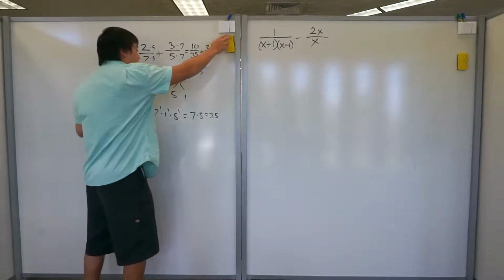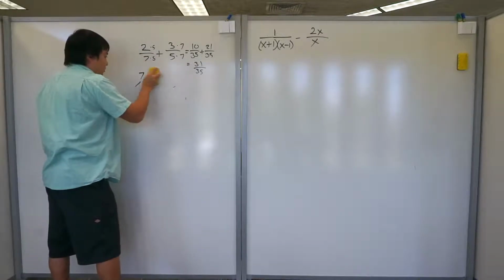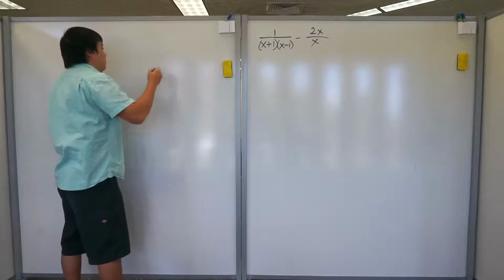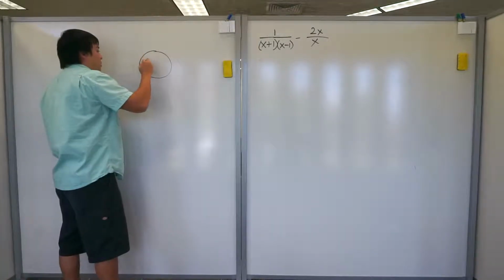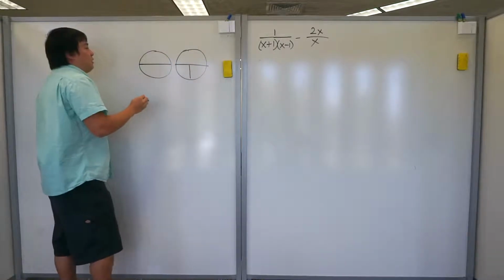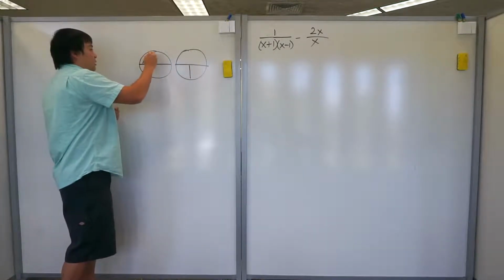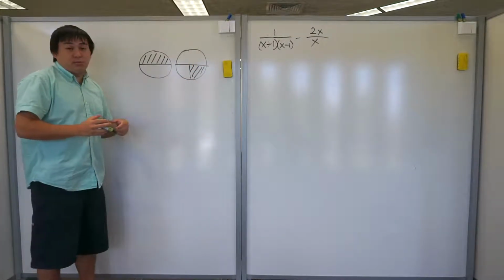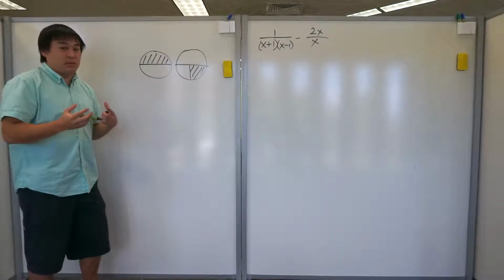And if you haven't been shown this, the reason is quite easy visually. So, for example, if I add this to that, it's pretty easy to see that that's going to be 3/4, right?